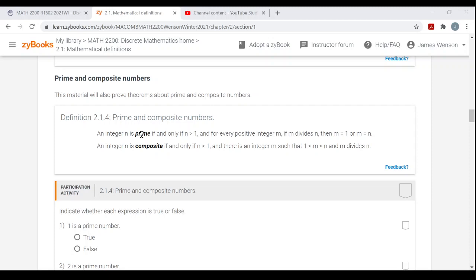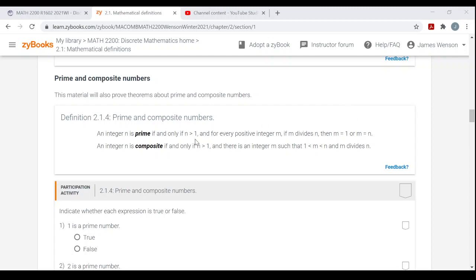So an integer n is prime if and only if n is greater than 1, and for every positive integer m, if m divides n, then m equals 1 or m equals n. So all this last part is saying is that if an integer is prime, its only divisors, the only numbers that go into it evenly, are 1 and itself. And you've probably heard that.